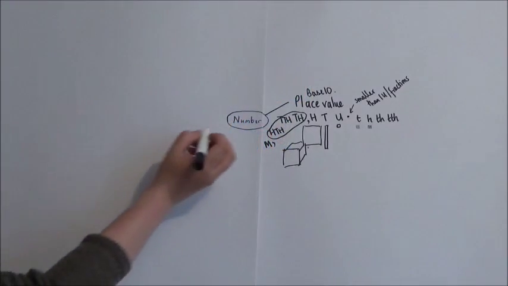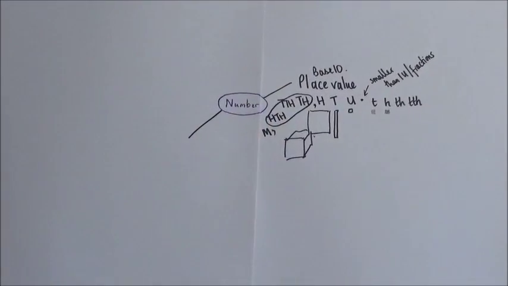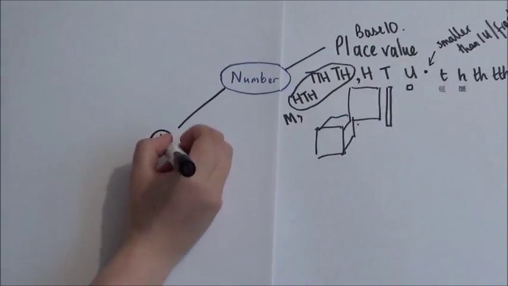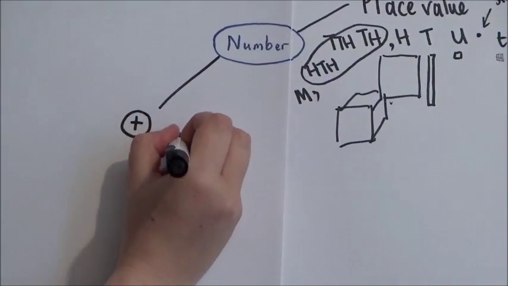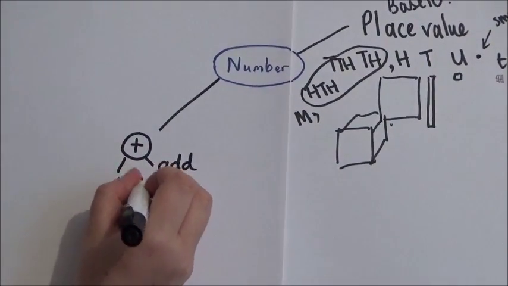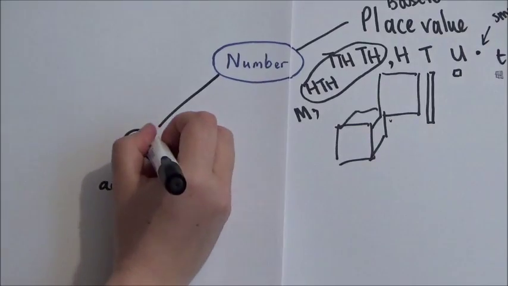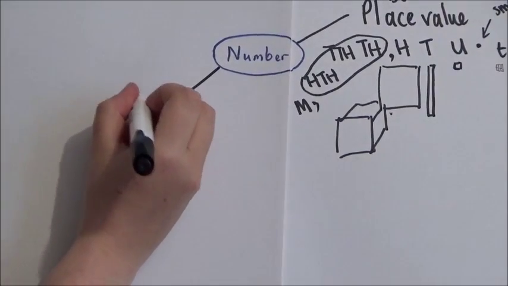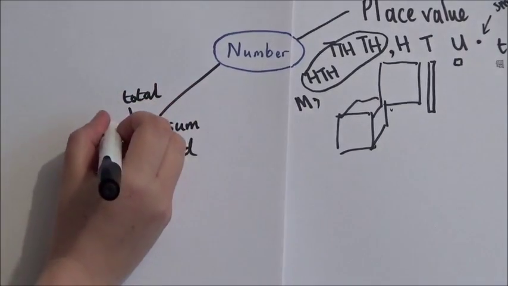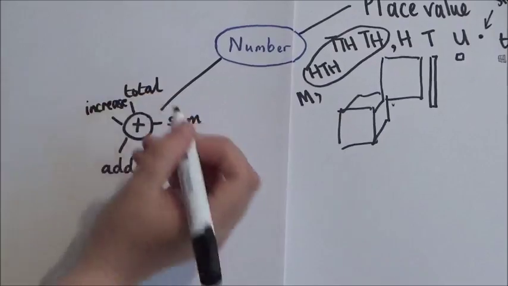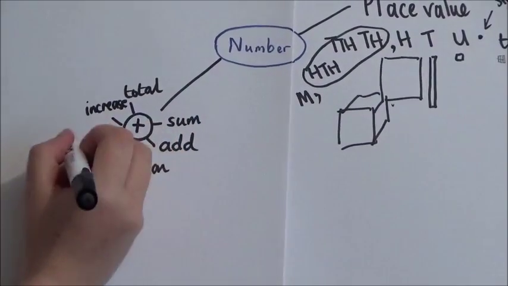So we're going to add our new learning to our number mind map. We've been looking at add, and what does add mean? We said that we can use the word add, addition, sum, total, an increase, and plus.